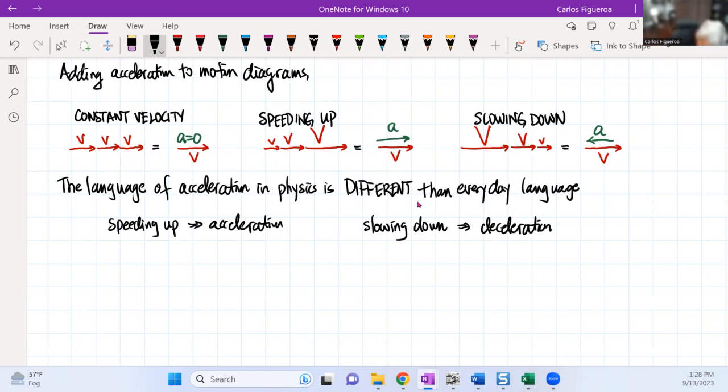So this is correct in everyday language. Oops, let me try that again.